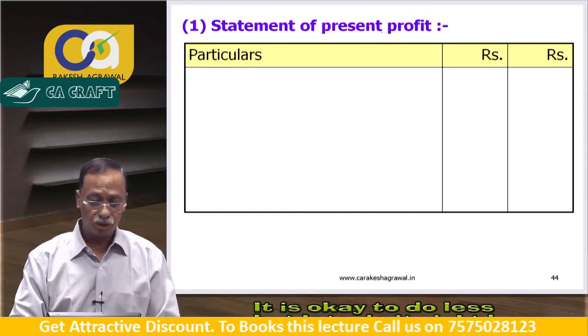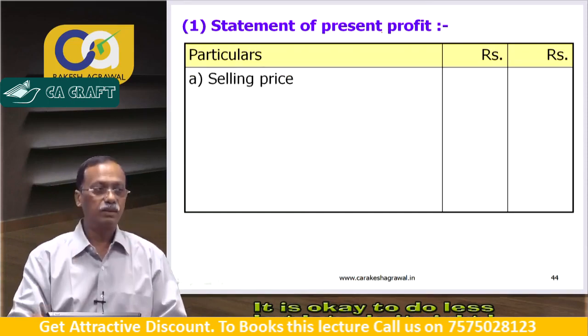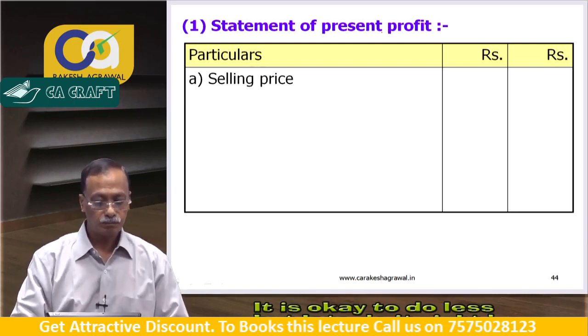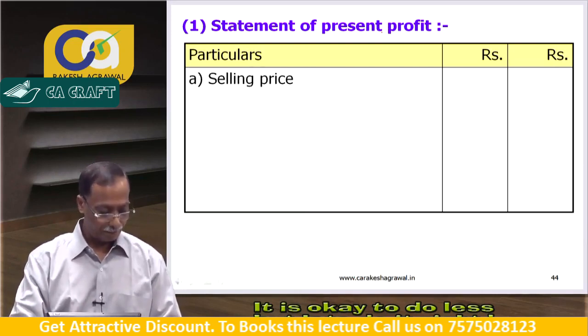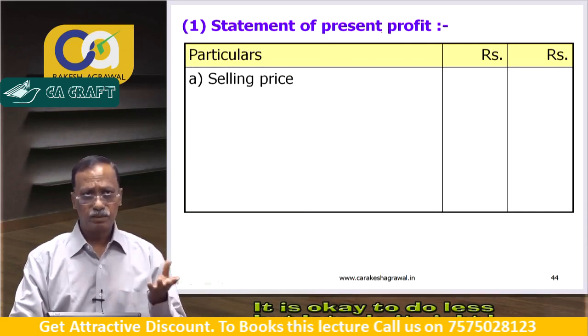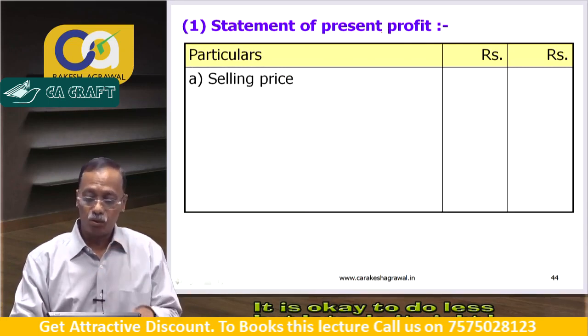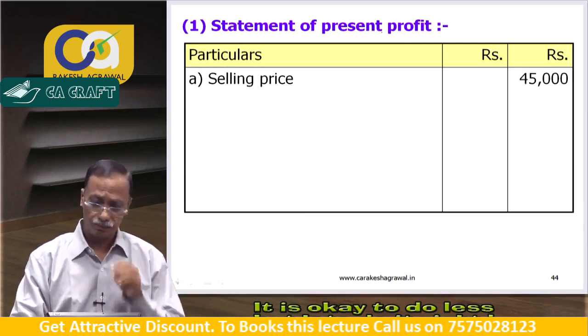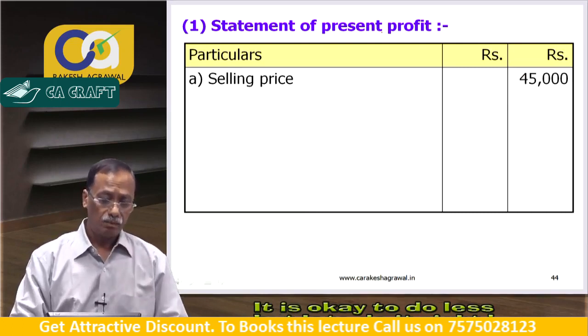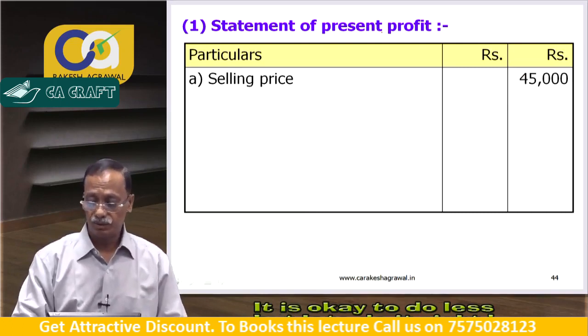Point number A, selling price. Selling price was already given to you, so I am writing it in the outer column, that is 45,000. Selling price 45,000.